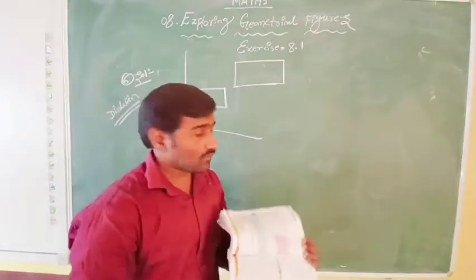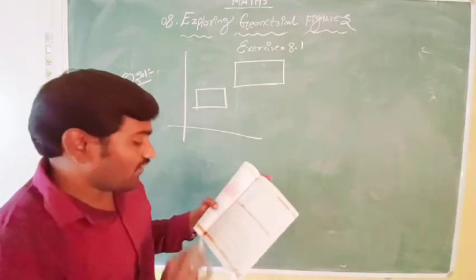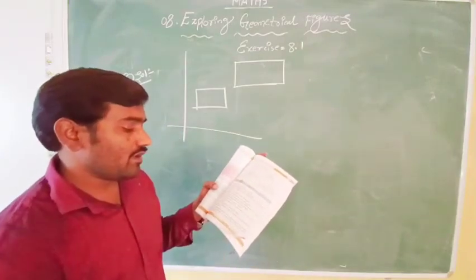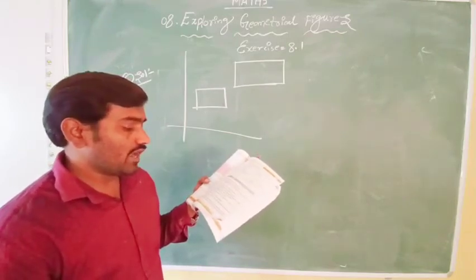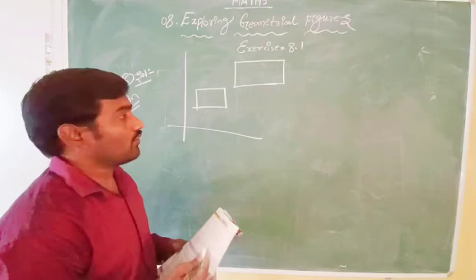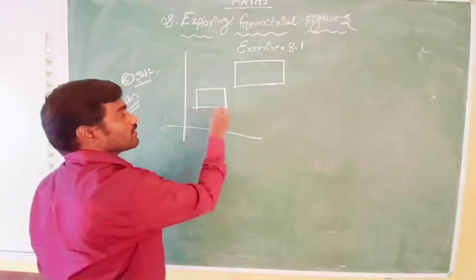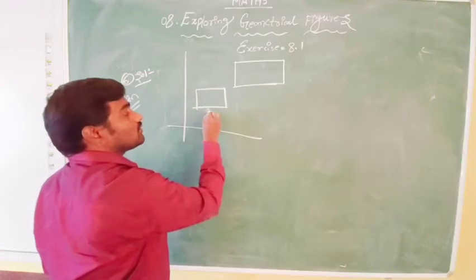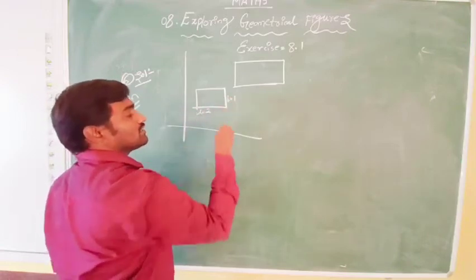Then after drawing that, what we need to do is find the perimeter and areas of both and compare their ratios. So suppose we take this rectangle with length equal to 2 centimeters and breadth equal to 1 centimeter.